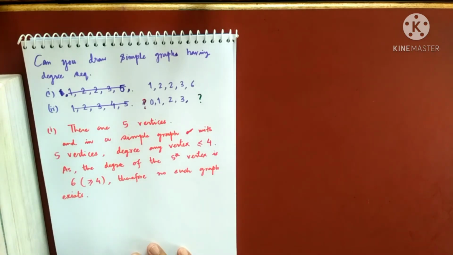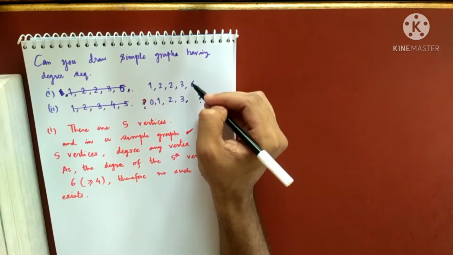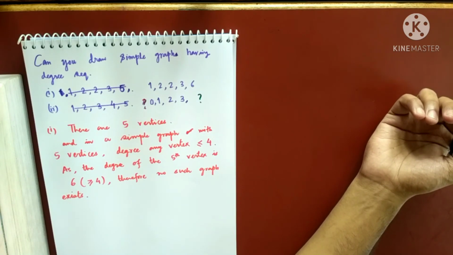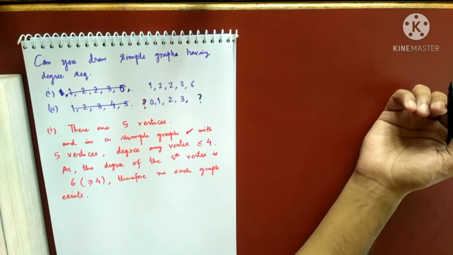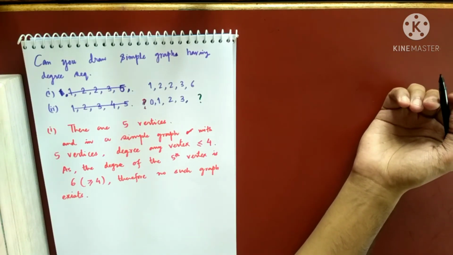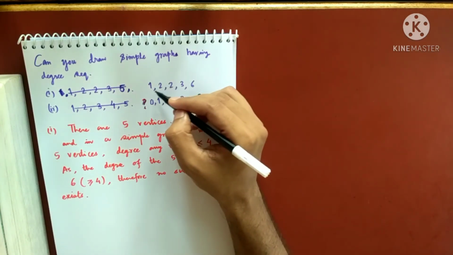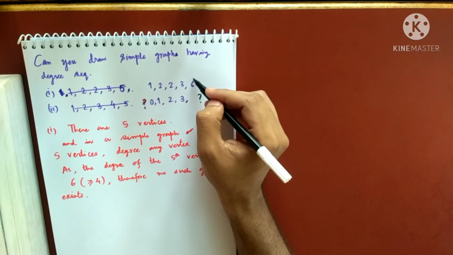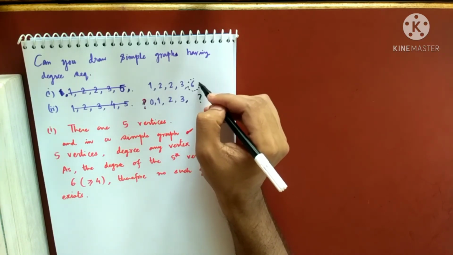Did you understand why you cannot draw a simple graph having this degree sequence? Because in a simple graph, if there are 5 vertices, the degree of each vertex should be less than or equal to 4. But you see here, the degree of the last vertex is greater than 4.